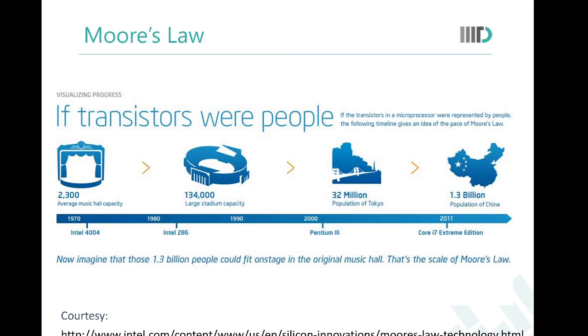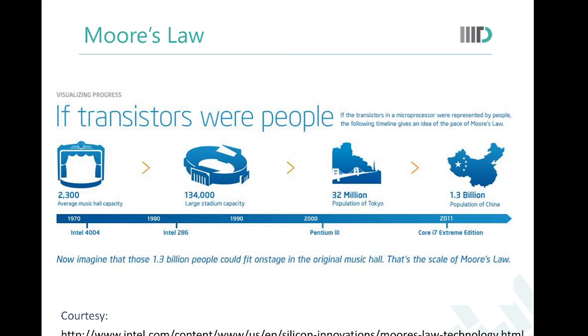So, think about the situation: we are talking about the population of China being packed into an average-sized concert hall or music hall. So, that is the growth. It is very hard to visualize, but that is what Moore's law has enabled.